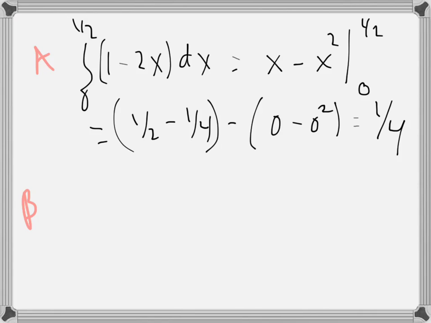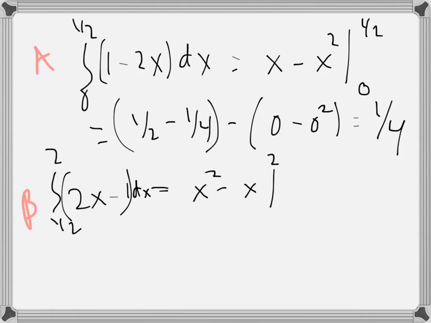Now when we do integral b, it's just 2x minus 1 from 1/2 to 2 dx. So that'll be x squared minus x. And we'll plug in 2, and then we'll subtract plugging in 1/2. Now again, be careful. Make sure that you put parentheses around plugging in 2 and then plugging in 1/2.